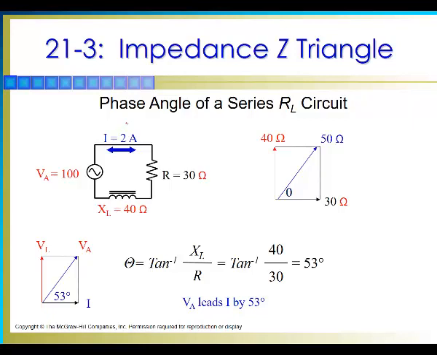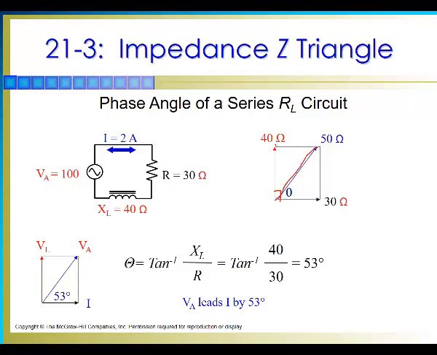Alright, so the phase angle in the series RL circuit, which stands for R for resistor, L for the inductance. If you have this in series, the total impedance will be the reactance plus the resistance with the 90 degrees phase angle. Okay, when we add these two together, this is what we get.